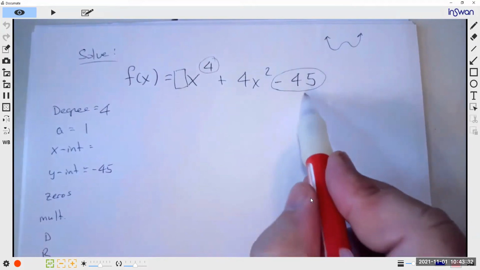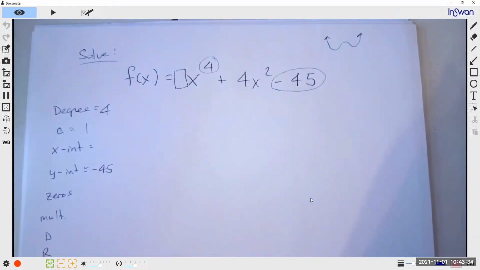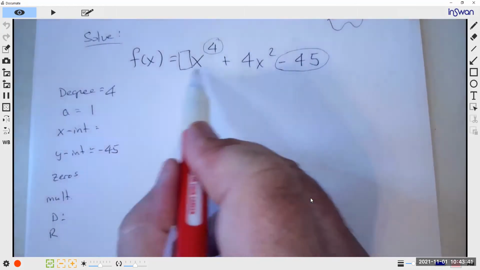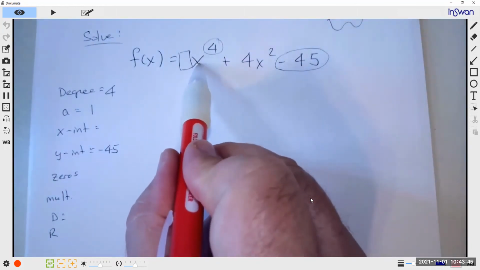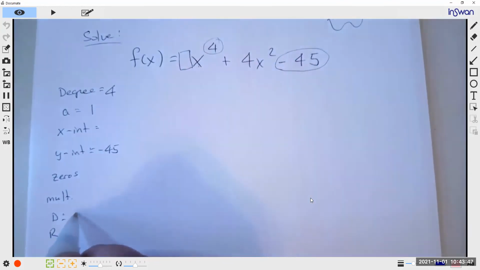Remember, the y-intercept is always the constant. The domain of this equation, since x can be positive, negative, and 0, is everything. And the rest we have to wait to see.